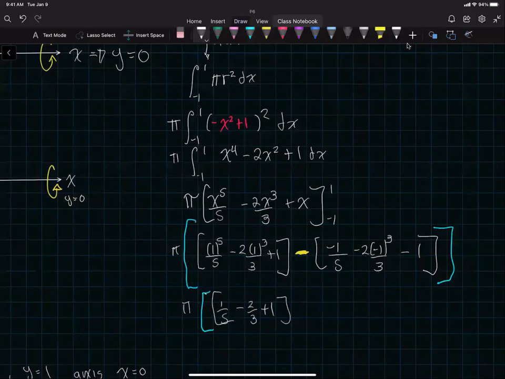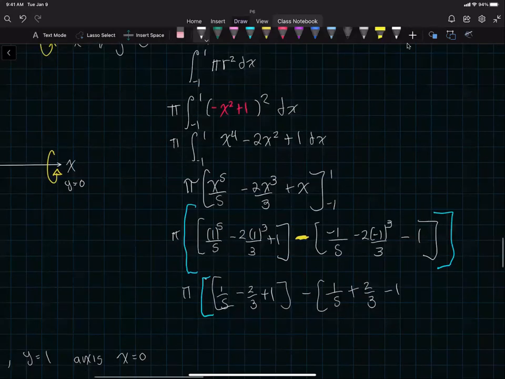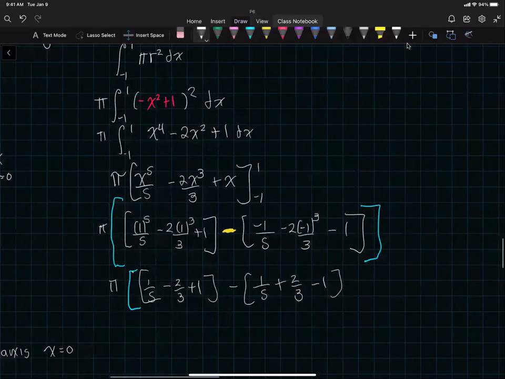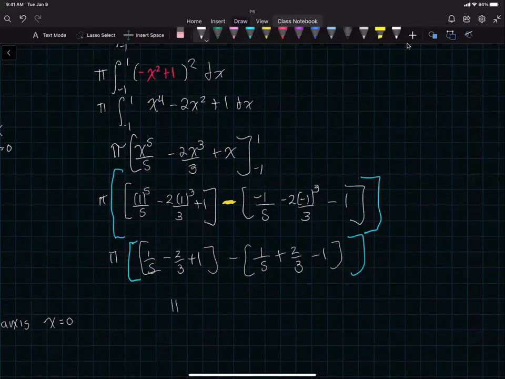And then here, this is going to be minus 1 over 5 plus 2 over 3 minus 1. There's going to be pi. And basically, all of this is going to simplify over 15, right?